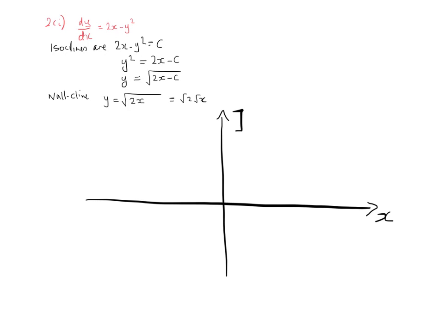I'll do my isoclines in blue, something like this. This corresponds to c equals naught. So for my isocline c equals naught, the gradient along that is naught, so I need horizontal lines along there.